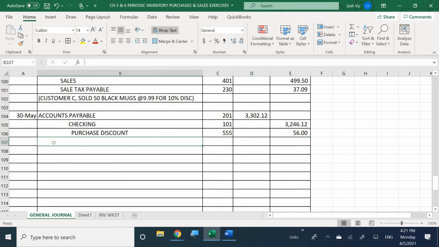Okay. So then, once again, my note here is going to be Cuppies Co. because that's who I paid. And I'm going to say I paid with check number 201, like the description said.